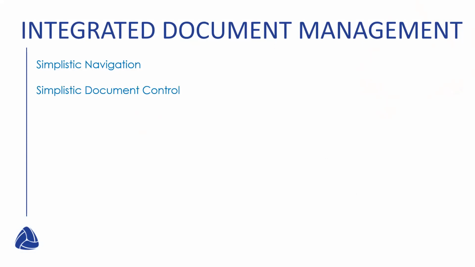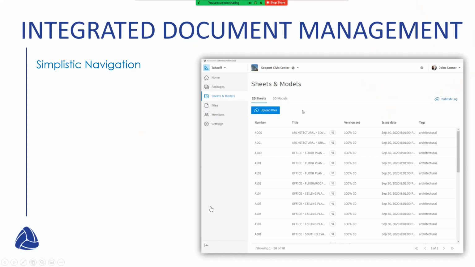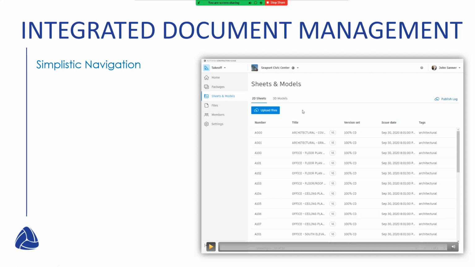We also have simplistic document control. In terms of document control, we give secure access to specific individuals at any given point in time within the lifecycle. So whether you need to view a document or download a document, we can control that.